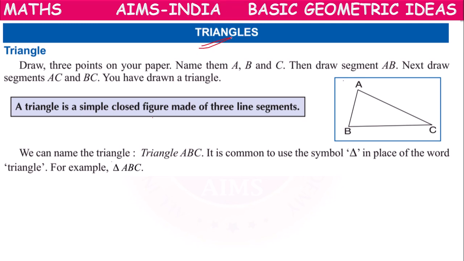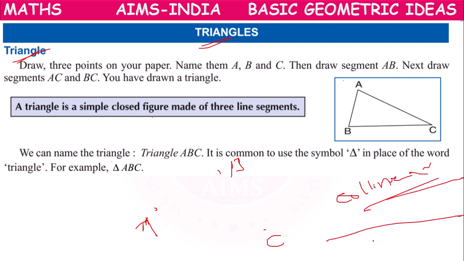Next we have triangle. Triangle means if you draw 3 points on a paper which are not collinear, means not lying on the same line, like this, A, B, C. If they are not collinear, and if we join AB, AC, and BC, then we can get the geometrical figure of a triangle.